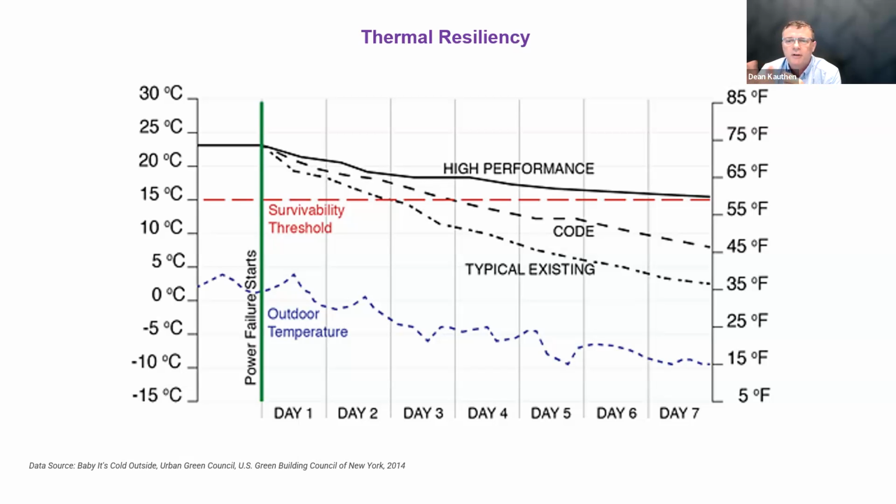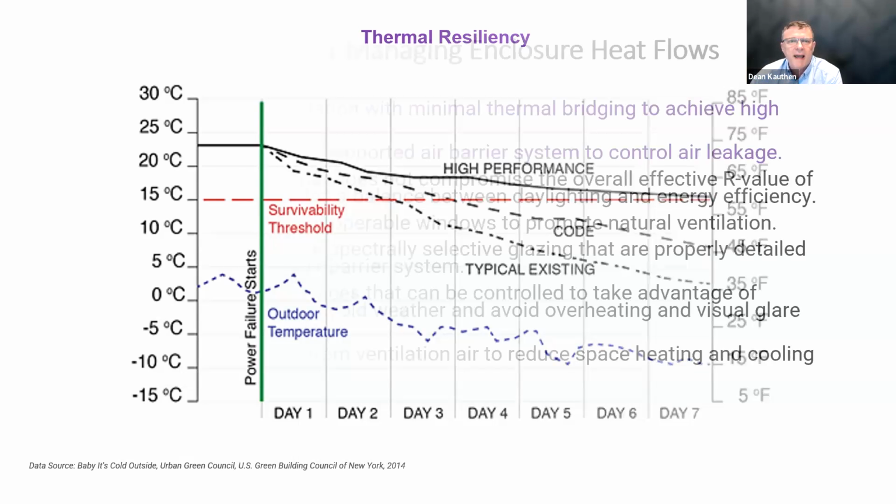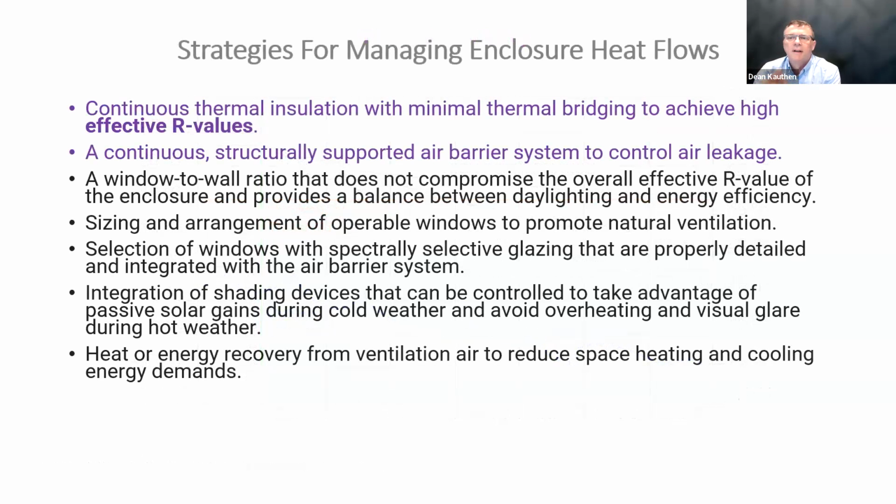The same enclosure characteristics that extend thermal autonomy also help achieve higher levels of thermal resistance. Active systems alone cannot extend thermal autonomy and resilience of buildings. They can only supplement energy deficits that are not covered by otherwise passive systems.